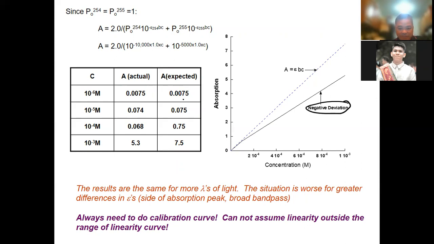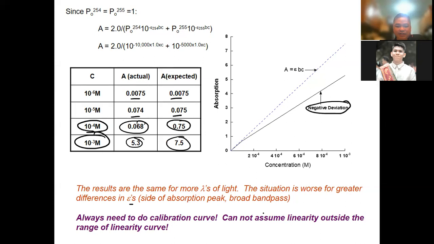If it's expected here, you could see at lower concentration it's still close, but as the concentration becomes higher, the deviation also increases. Okay, so we could say the results are the same for more wavelengths of light, and the situation is worse for greater differences in molar absorptivity. So the side of the absorption peak, the broad bandpass.